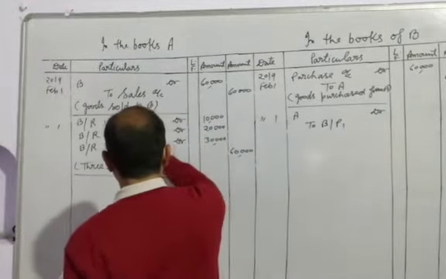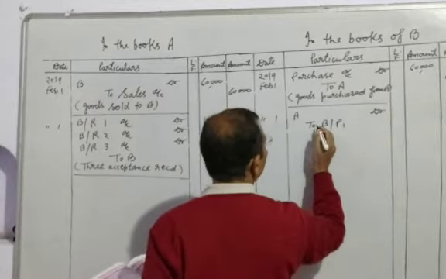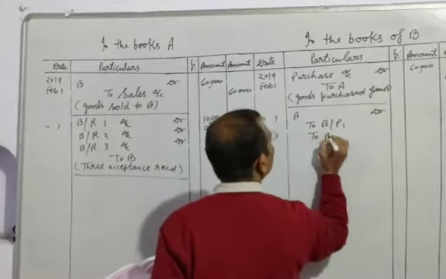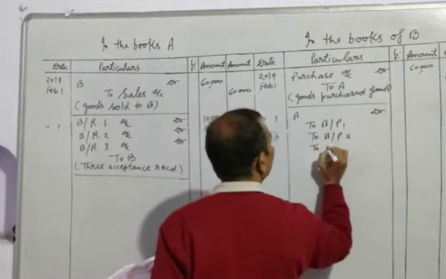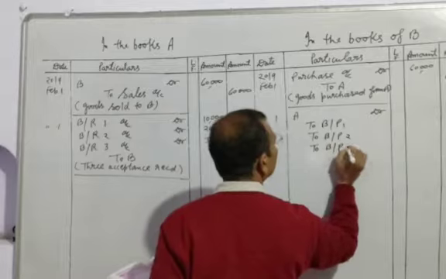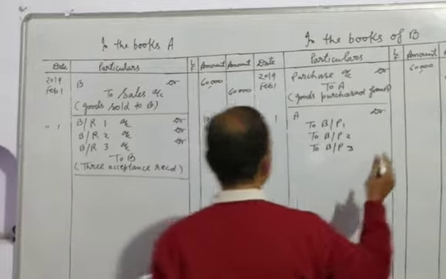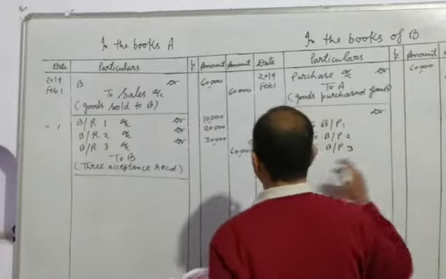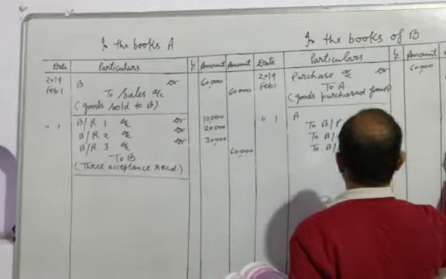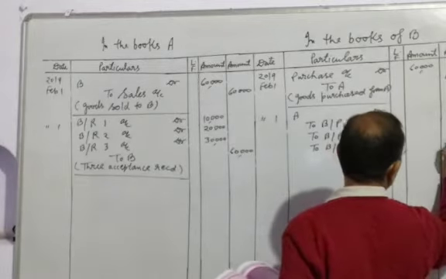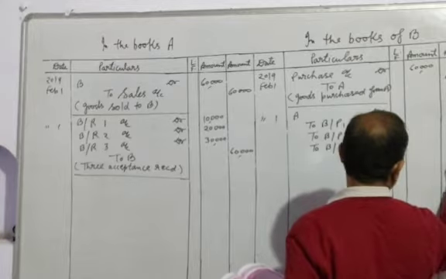As it is written here BR1, in the same way we will write here BP1, BP2, and BP3, and the amounts we will write in the same way: 10,000, 20,000, and 30,000.